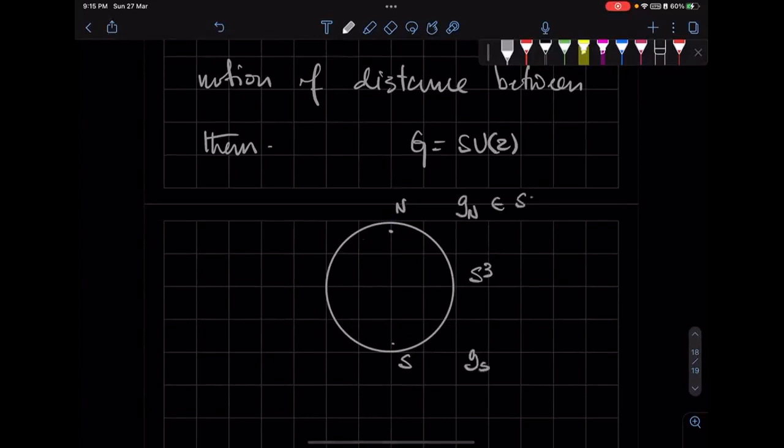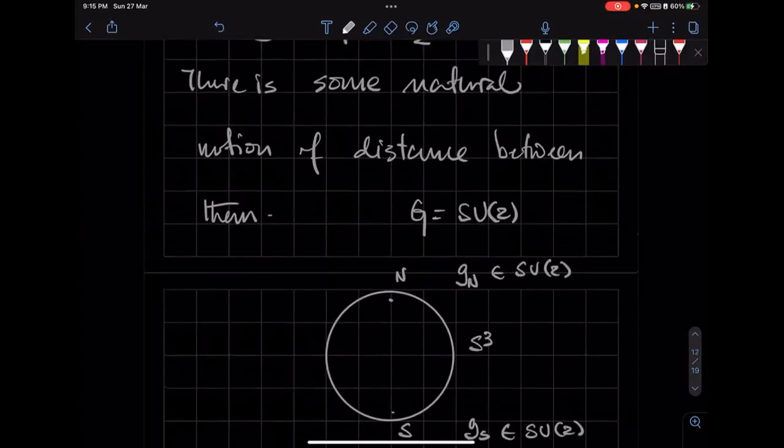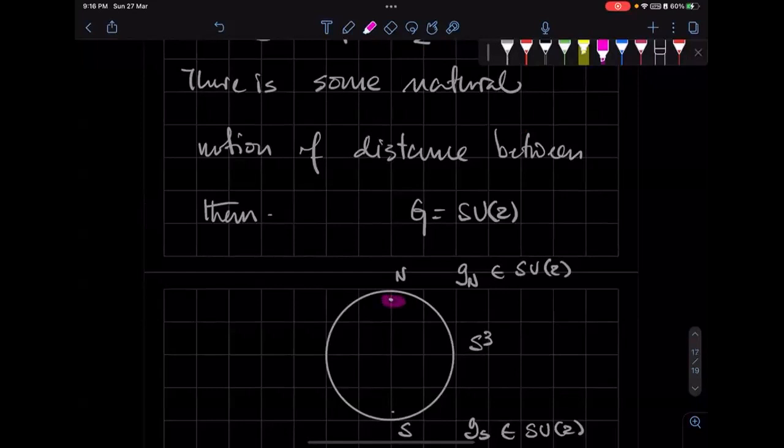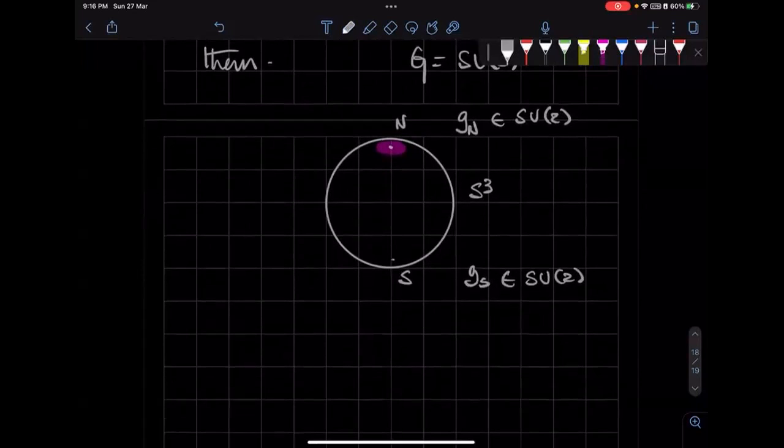They're both in SU2, and it's clear that G north and G south are not nearby. They're as distant as you can be on S3. But there would be other elements which are in the neighborhood of G north. So for example, there would be some element here, let's call it G prime, very close, and G prime would be G north plus something small. Okay.